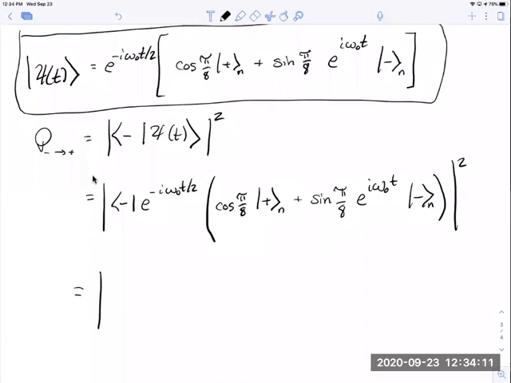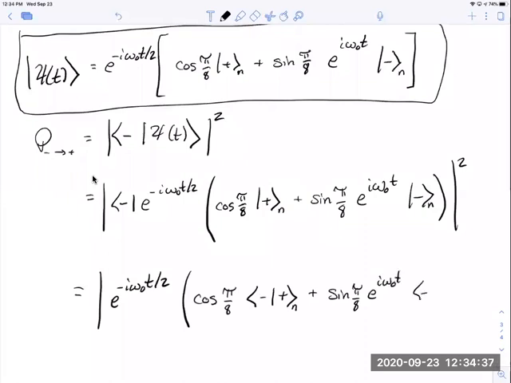So this gives me e to the minus i omega naught t over 2, which I'm about to square and tell you is not physically significant. And then this gets multiplied by the cosine of pi over 8 times spin down times spin up in the n hat direction, plus the sine of pi over 8 e to the i omega naught t spin down times spin down in the n hat direction. All this squared.